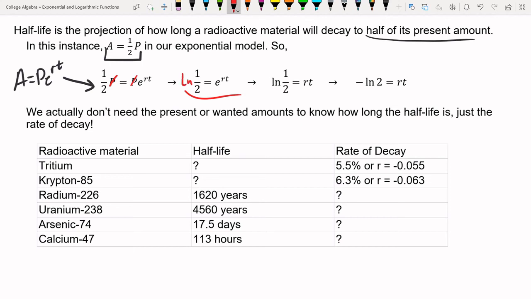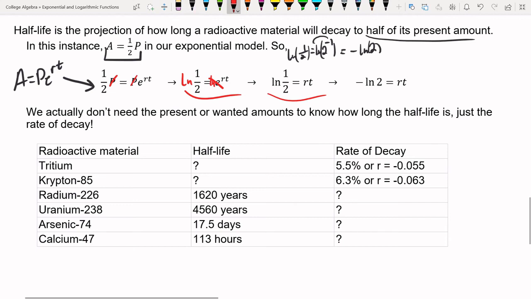And the next step is to take ln of both sides, because then the ln and the e cancel. That gives us this part here. And then 1/2 is the same thing as 2 to the -1 power. And if you take the natural log of this, we can bring this -1 down in front, giving us a negative ln of 2.